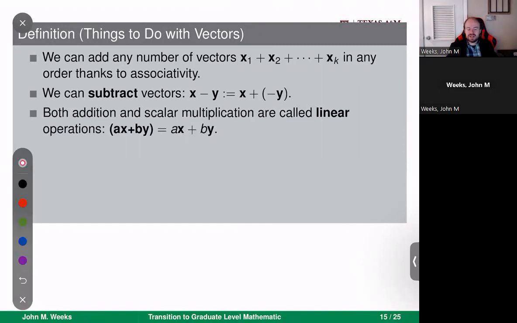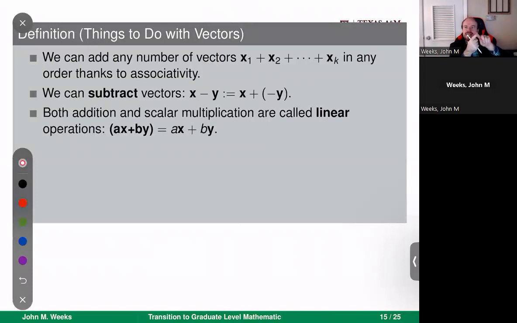Now, we call addition and scalar multiplication linear operations. What that means is that linear operations are going to be very nice for us moving forward. We're going to talk about them a lot in linear algebra. These are essentially addition and scalar multiplication, so this is very much a definition for us. Pictorially speaking, if you have a line going through the origin, something like this, you can always add two points on the line and stay in that line.